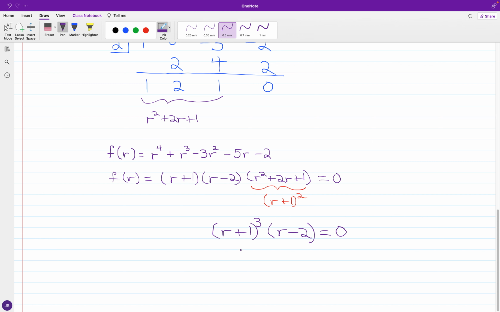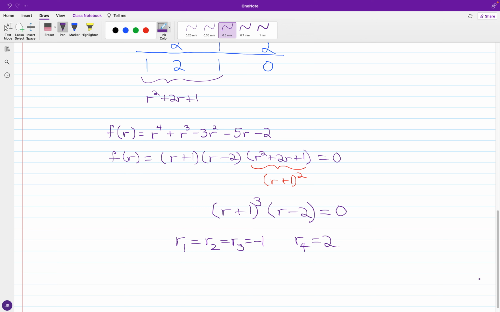And guess what? -1 is going to be a repeating root, and it's going to repeat twice. So in essence, because they have repetition, we have R1, R2, R3 to be the same. And for the second distinct root, drawing it out as the fourth, we have R4 is equal to 2.